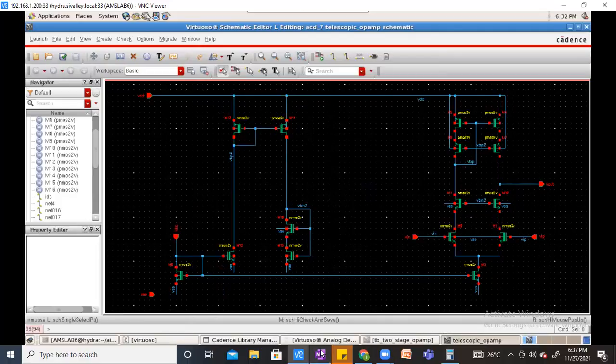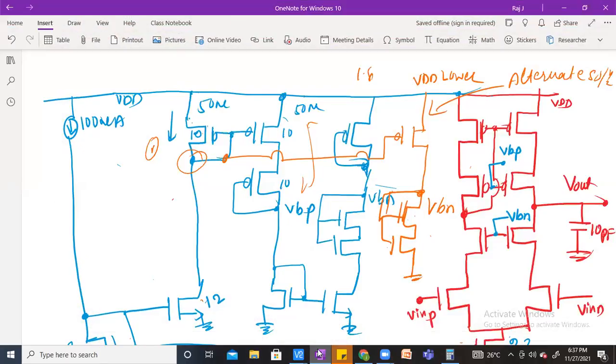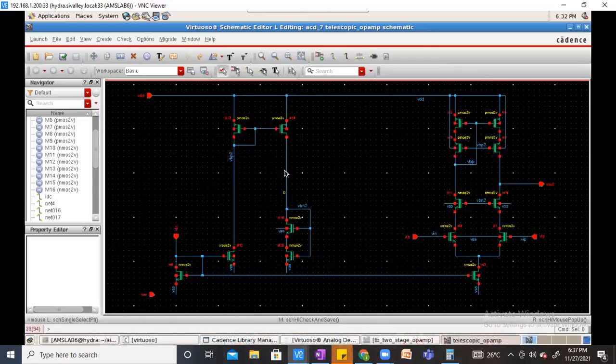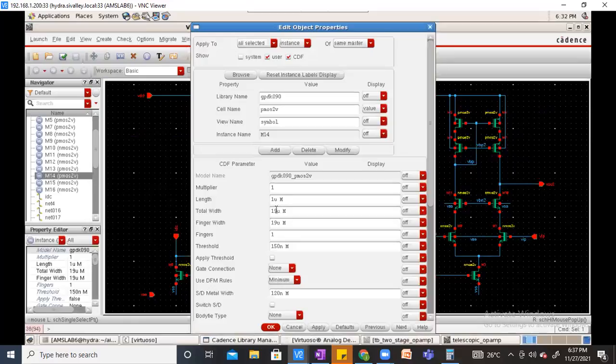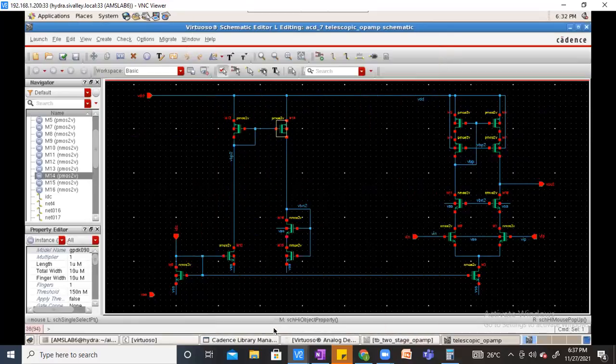And this will also have 10. This will also have 10. Then what else? These two will have how much?